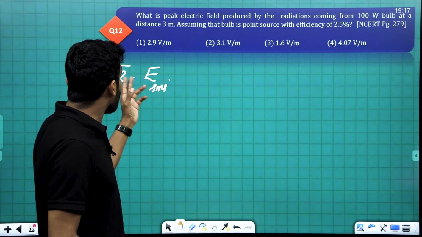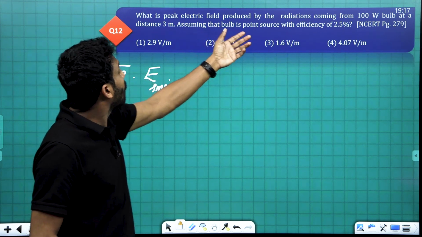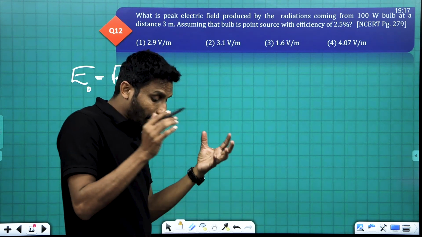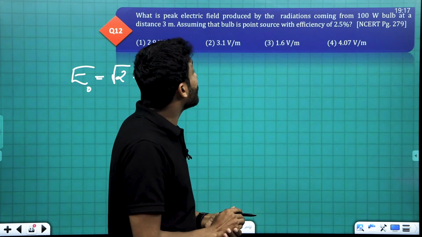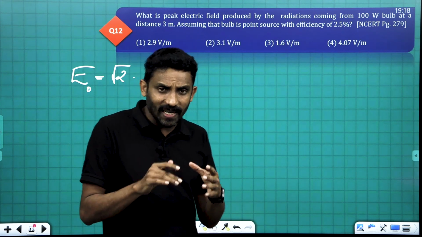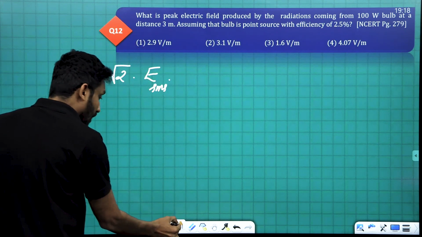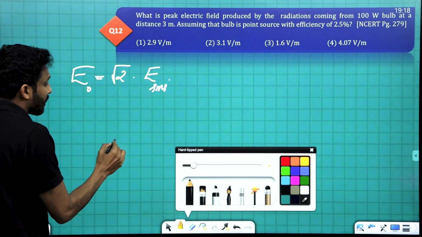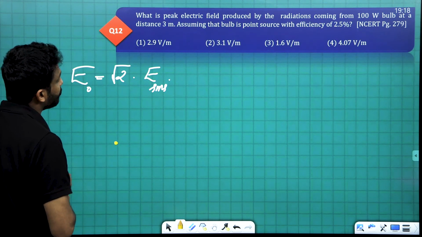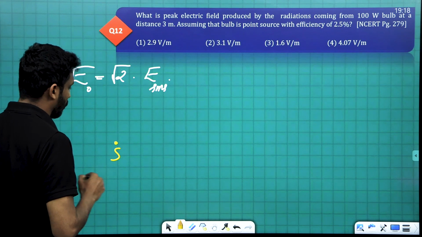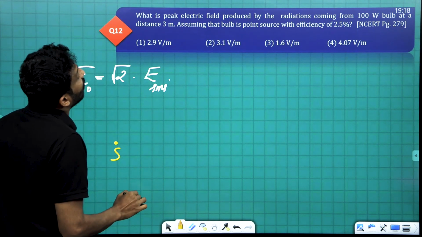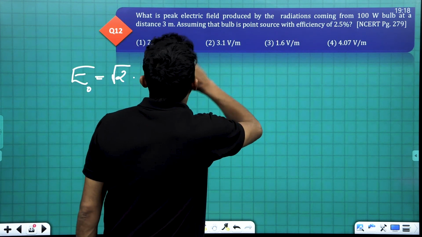The E RMS value we can obtain from the given data. The power of the source is 100 watt, but its efficiency is 2.5%. Then how much power is reaching the surface? Consider the bulb as a point source, this is the lamp, and there is a surface at 3 meter distance away.